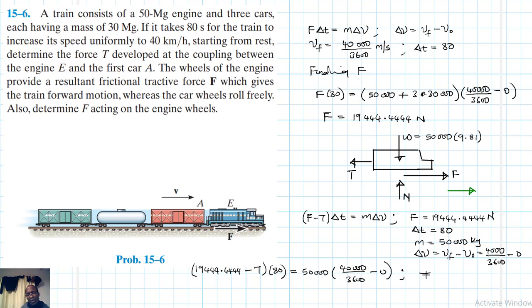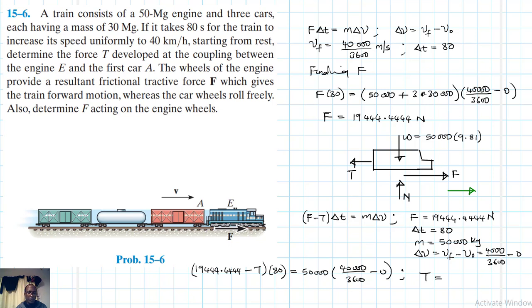Therefore, making T the subject of the formula, which is the coupling force, we have 40,000 times 50,000 divided by 3,600 divided by 80, with T on the other side, plus 19,444.444.